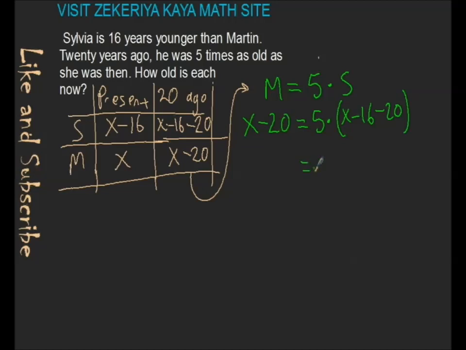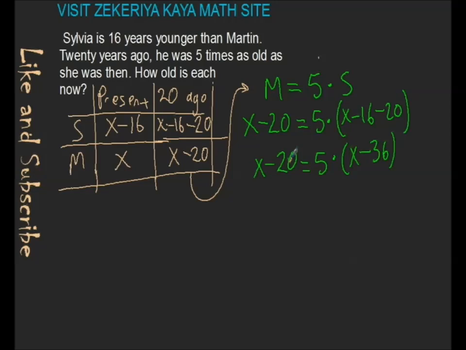So, firstly, I will collect these two numbers. Minus 16 and minus 20, both of them have the same sign, so it will be minus. And we will add the numbers. 16 plus 20, completely, we have 36. Okay? So, on the left part, we still have x minus 20.